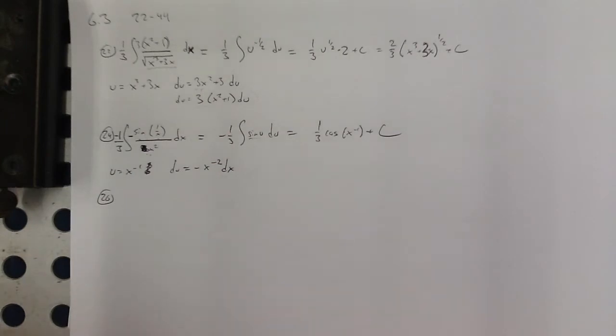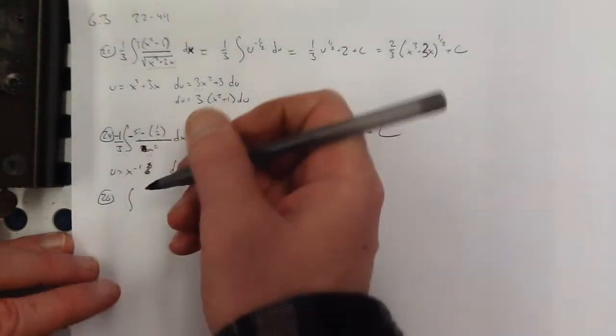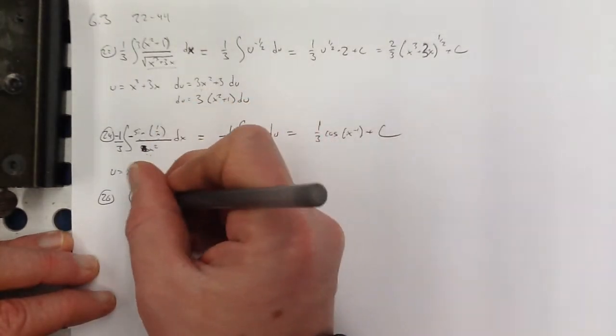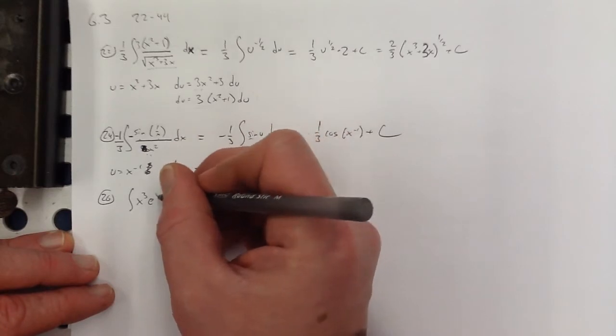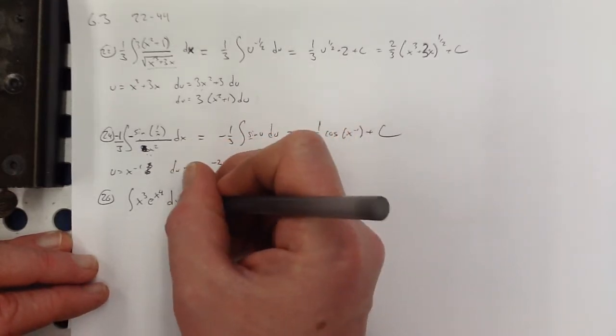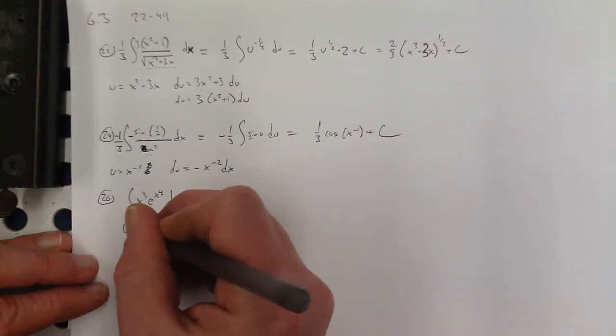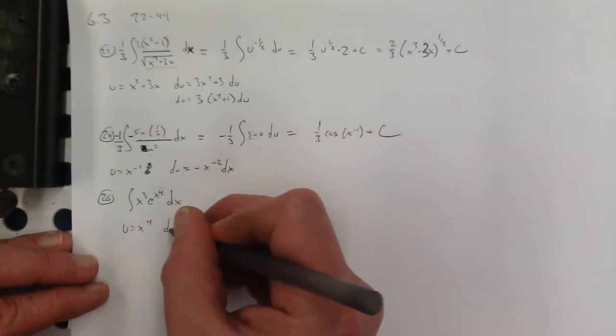26. X cubed times e to the x to the 4. Okay. Remember with the e, the what's up there is like the what's inside.